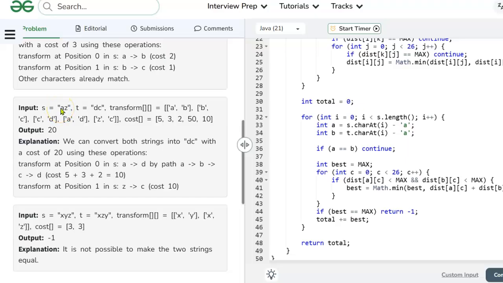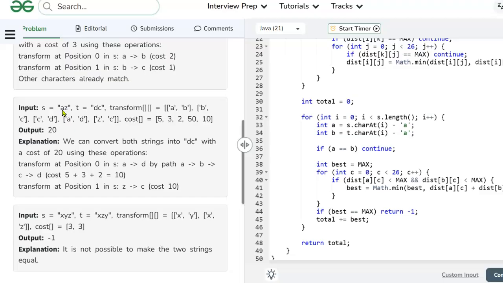Well, we've done some Dijkstra problems. This is like a Floyd Warshall problem, where the Floyd Warshall algorithm is an all pairs shortest path algorithm.